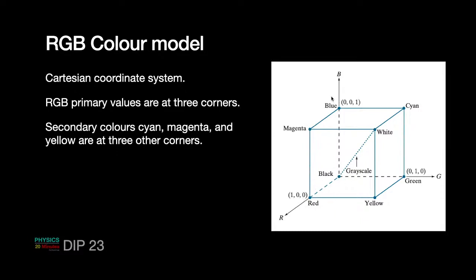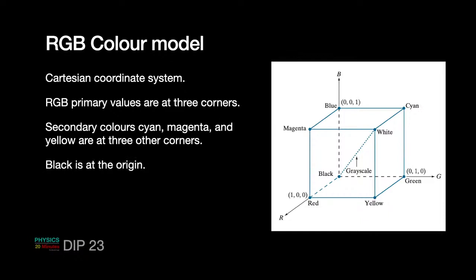An equal amount of red and blue would create magenta, which is a secondary color. If you are at this point on the BG plane, you have an equal amount of blue and green, that is cyan. And if you are here, you have an equal amount of red and green, strong yellow. So these three secondary colors, CMY, cyan, magenta and yellow, are at three other corners of the cube.